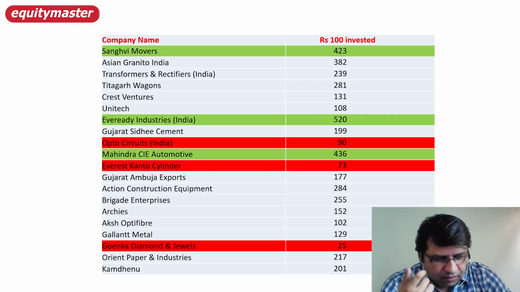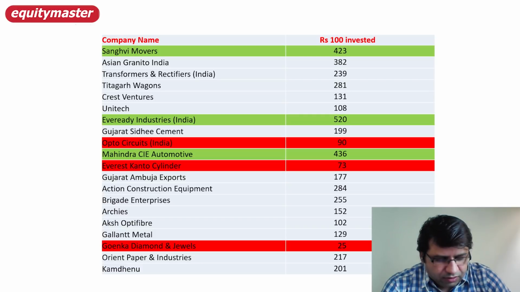And there were companies that did not end up doing well. Of course, there was Opto Circuits where 100 rupees became 90. Everest Kanto which lost 27%, and Goenka Diamond was the biggest loser which lost 75% of its value.